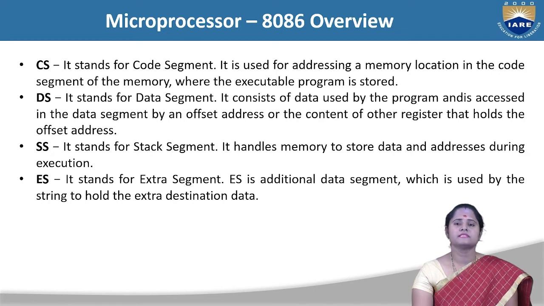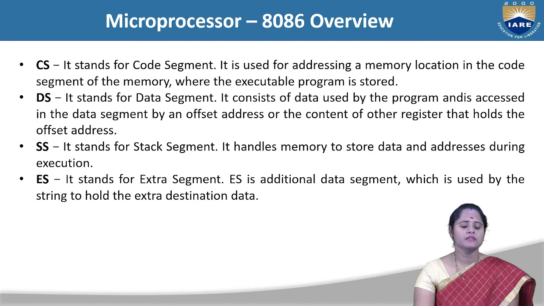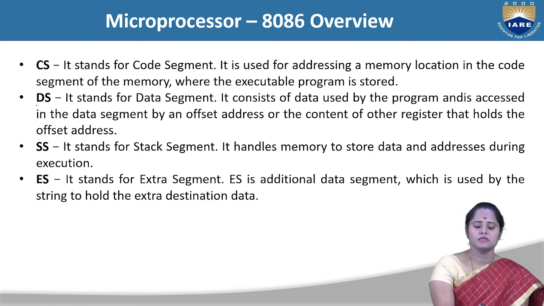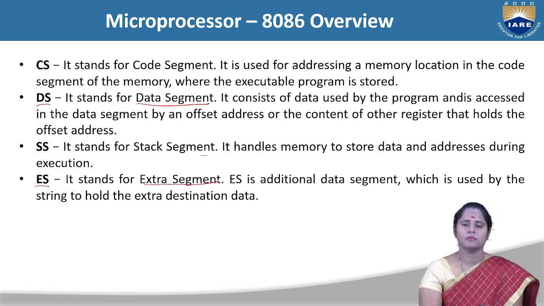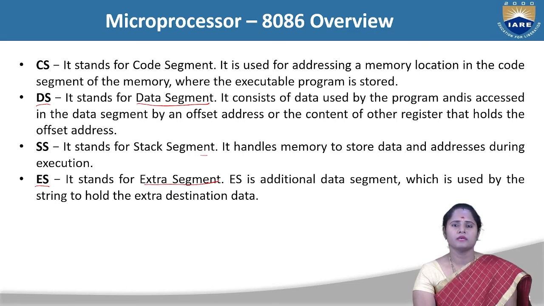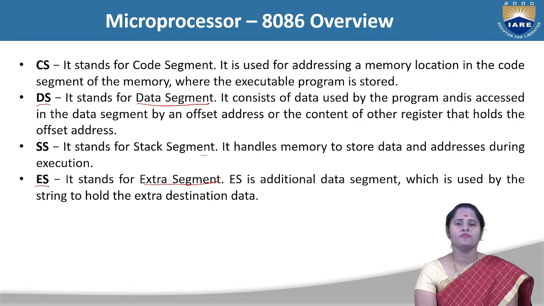Next we have segments. You can see CS is the code segment, DS is the data segment, SS is the stack segment, and ES is the extra segment. What is a segment? How much memory do we have?